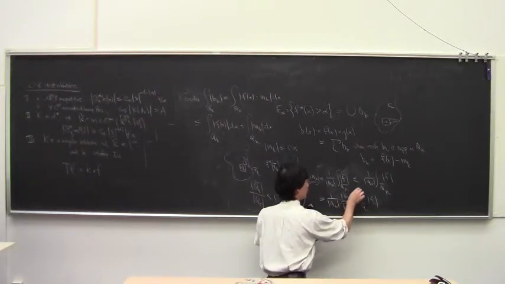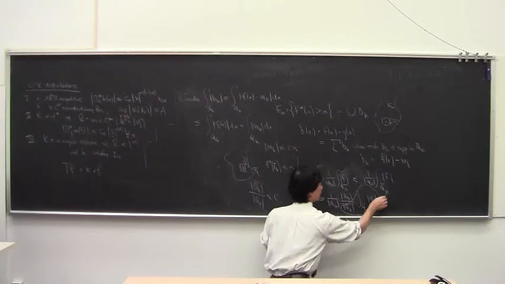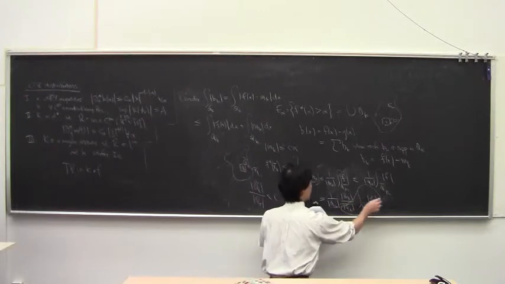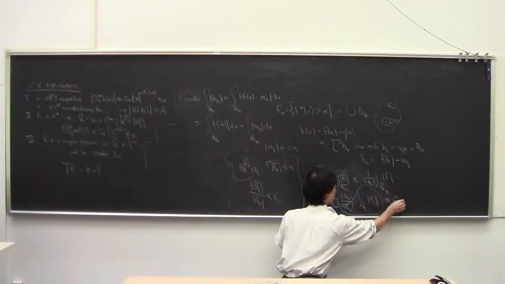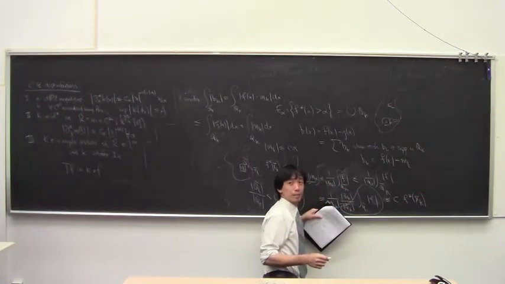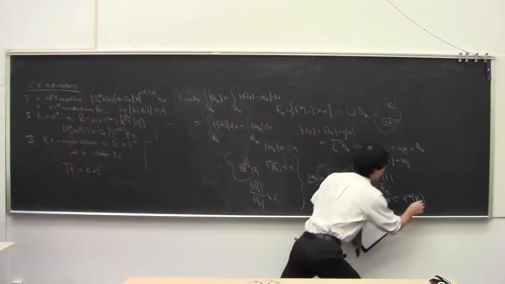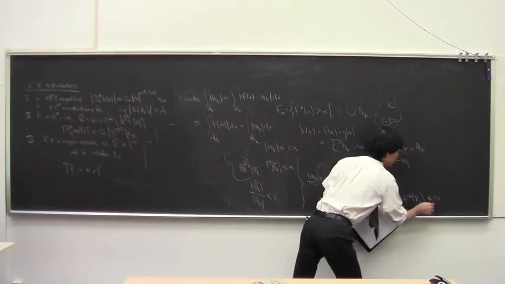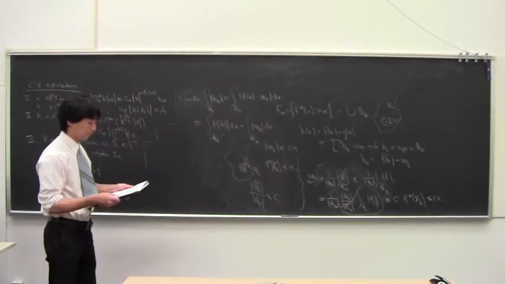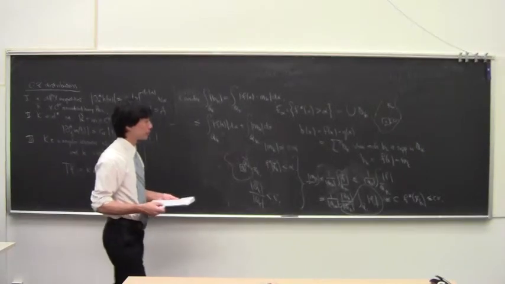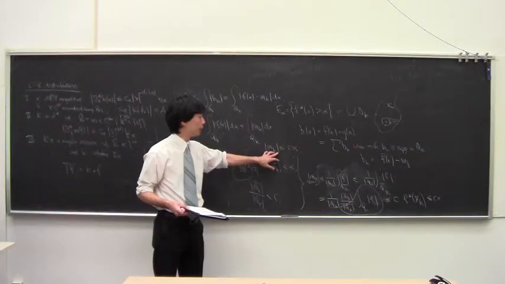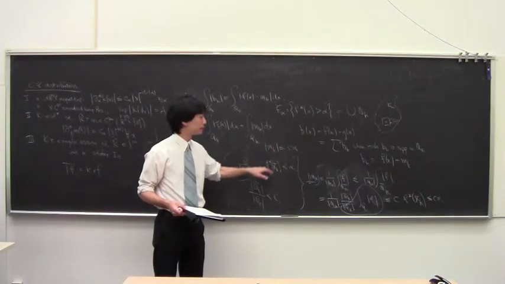This thing is smaller than alpha, so we get this constant times f star at x_k bar. But f star at x_k bar is smaller than alpha. So we got this done, and that's how we show that the average is controlled by C alpha.